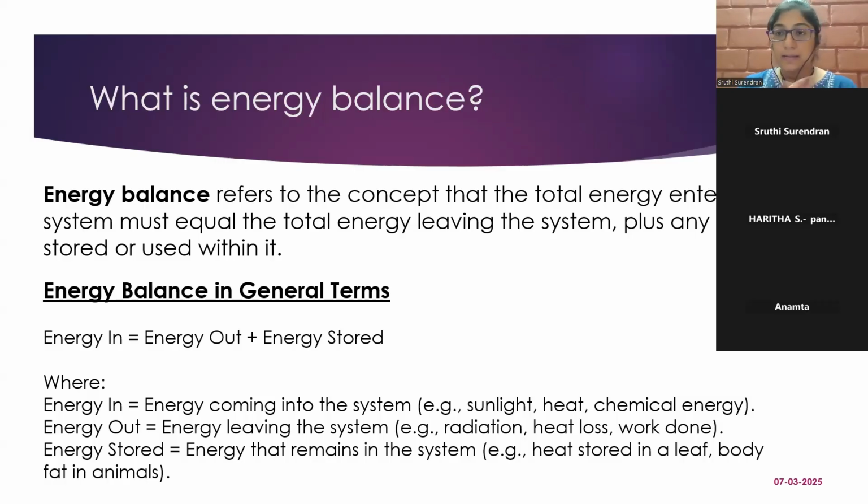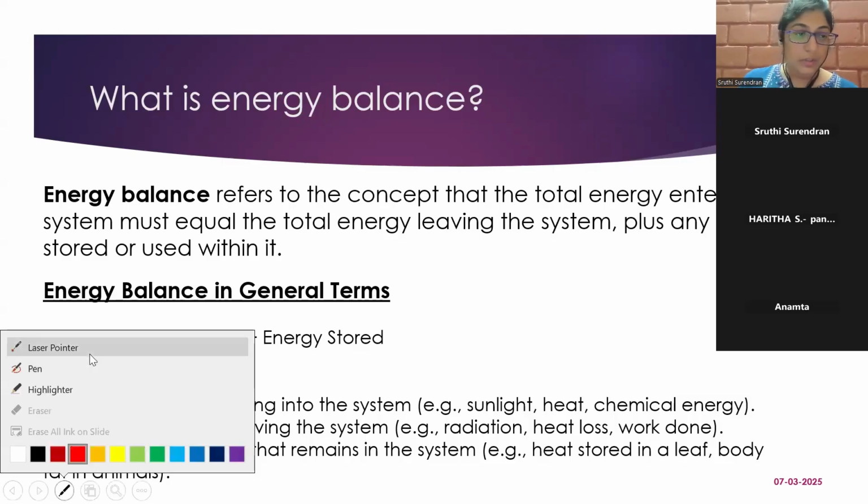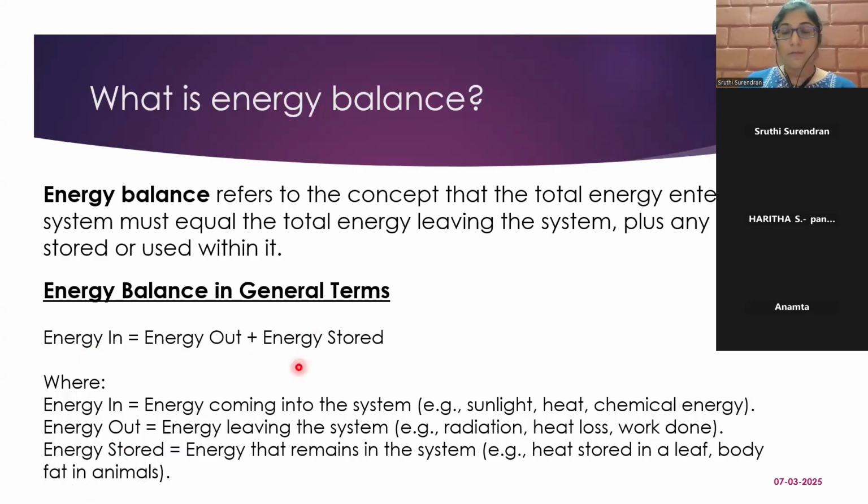So energy balance in general terms is nothing but the energy input will be equal to the energy output plus the storage of the energy in that system, where energy can be in any ways. It can be the energy from the sun, it can be energy because of heat, it can be chemical energy, mechanical energy, electrical energy, any sort of energy. It is applicable to any sort of energy.